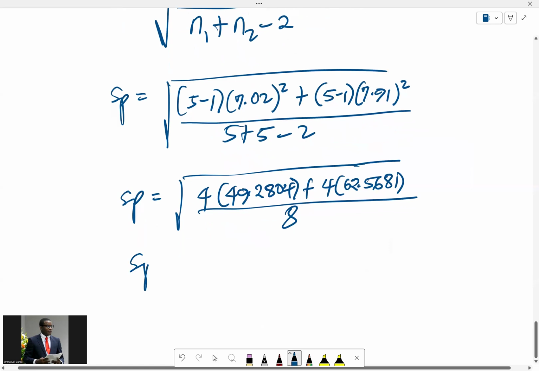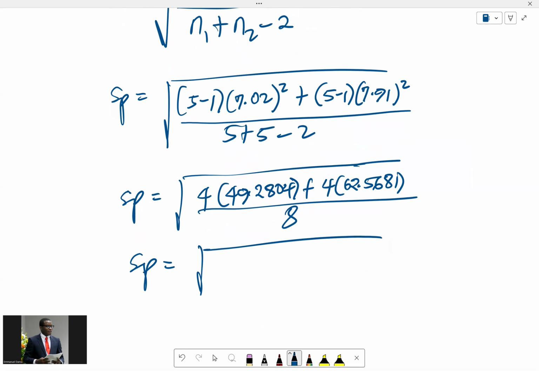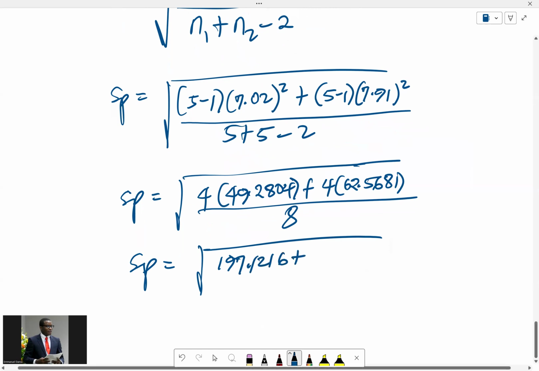So SP now is square root of, we have 4 times 49.2804. That is 197.1216, plus again 4 times 62.5681.